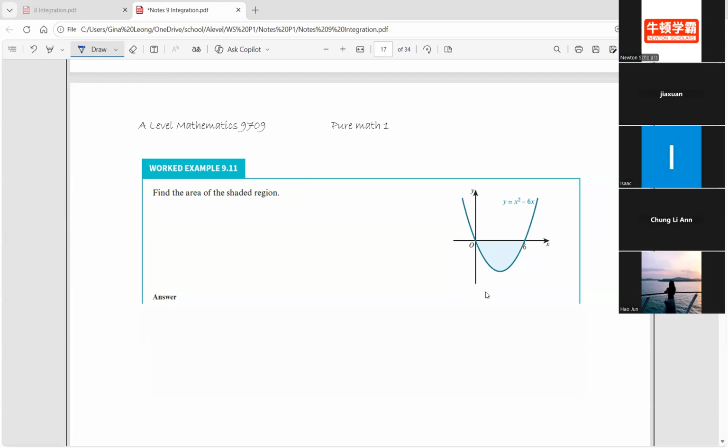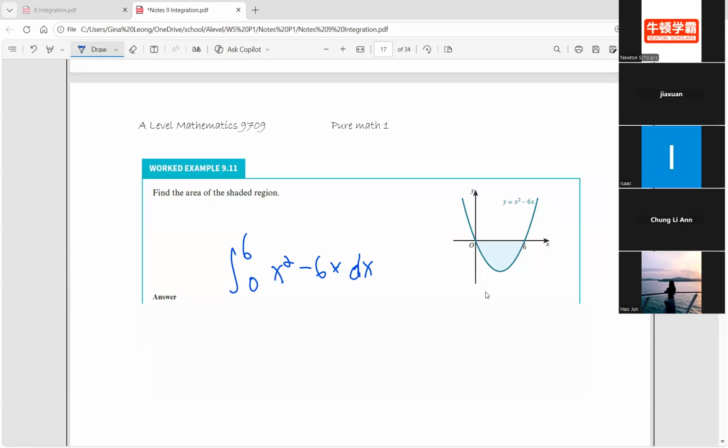So after that, we always know that when we want to find the area for this case, because the area for this region is below the x axis, when we do integration, from 0 to 6, of x squared minus 6x dx, later you will get a negative value.